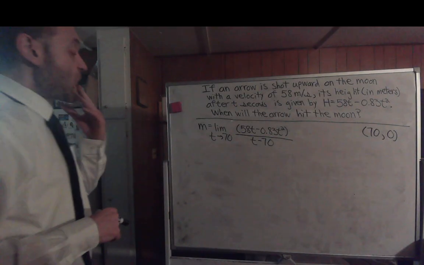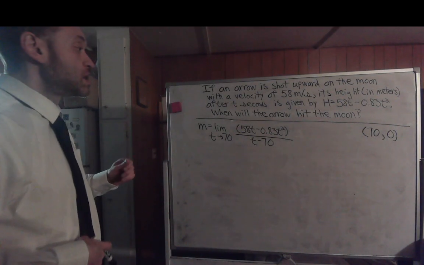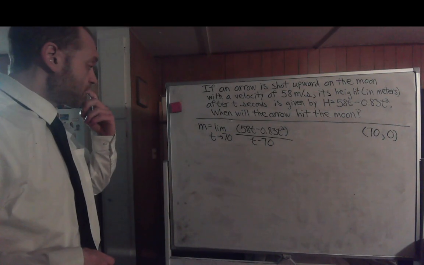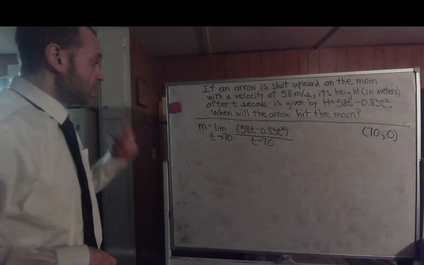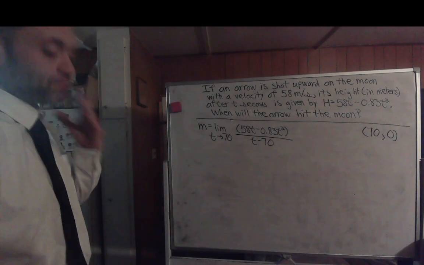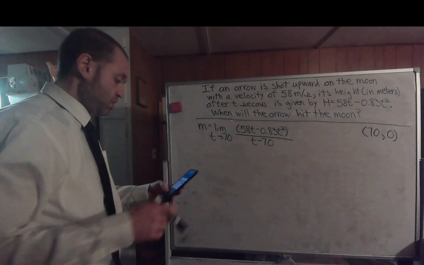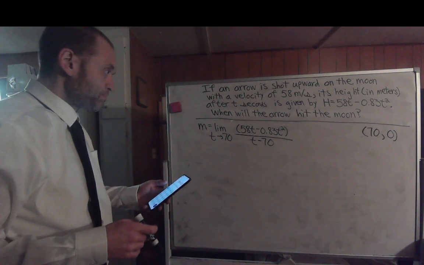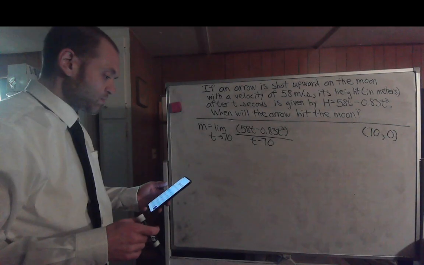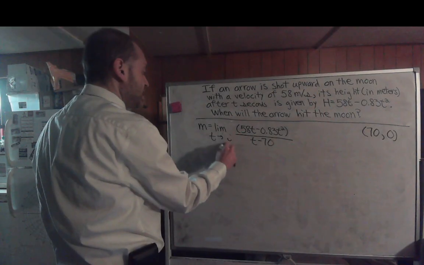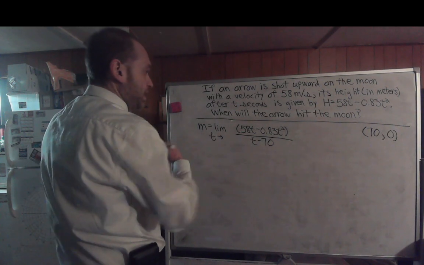Well, actually, what we should say is, as t approaches 58 divided by 0.83.